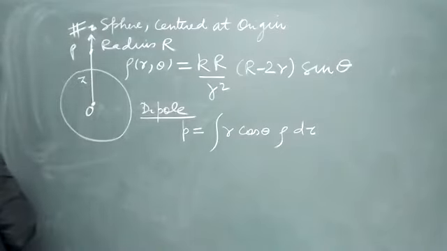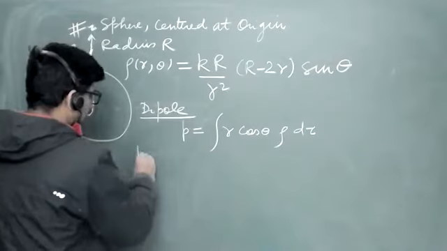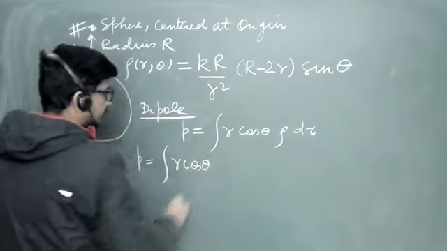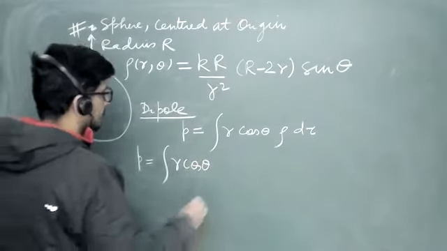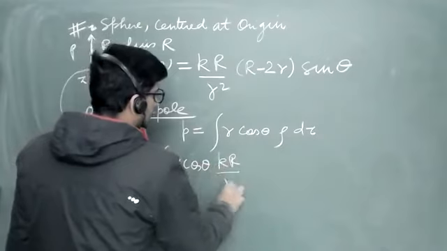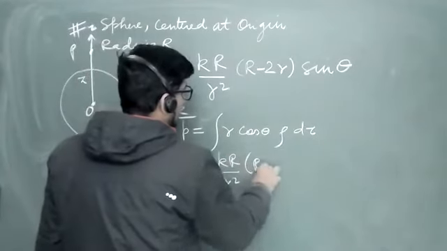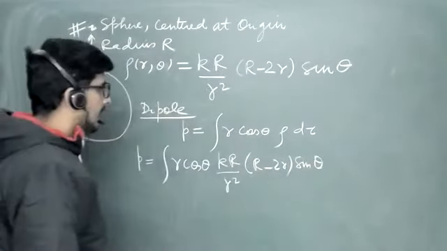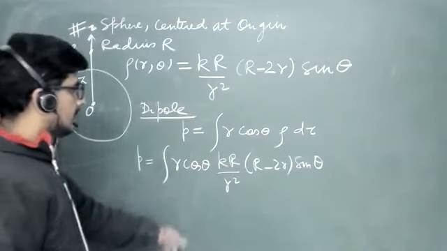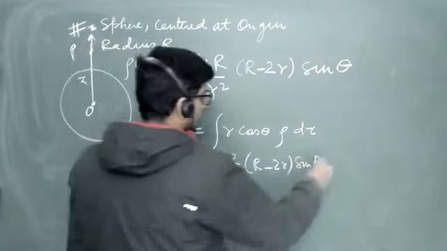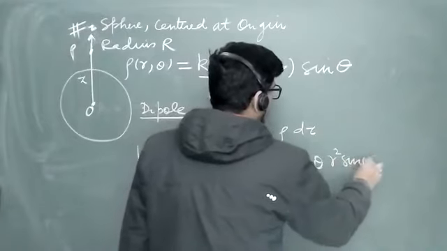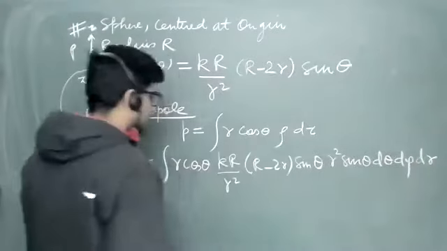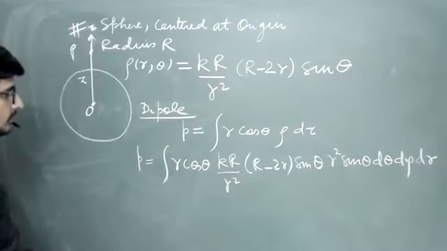So it will become p is equal to integral of r cos theta. What is rho? It is k r by r square, (R minus 2r) sine theta, and what is d tau? r square sine theta d theta d phi and dr. This is the integral that you want to do.